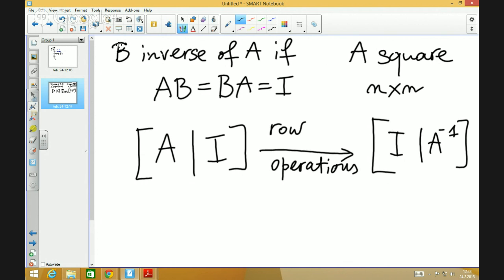If you can turn A by using elementary row operations into the identity matrix, then on the other side, by magic, which is not magic, it's because you're solving a system of linear equations, well, a bunch of linear equations simultaneously, then after the solid line, you will get the inverse of A.